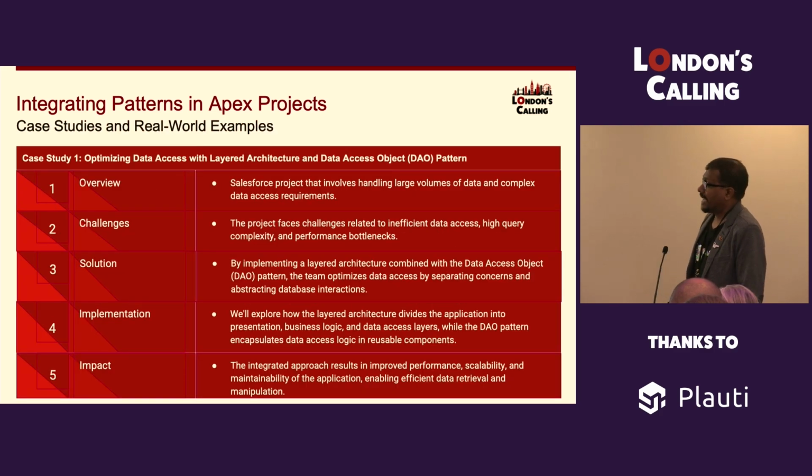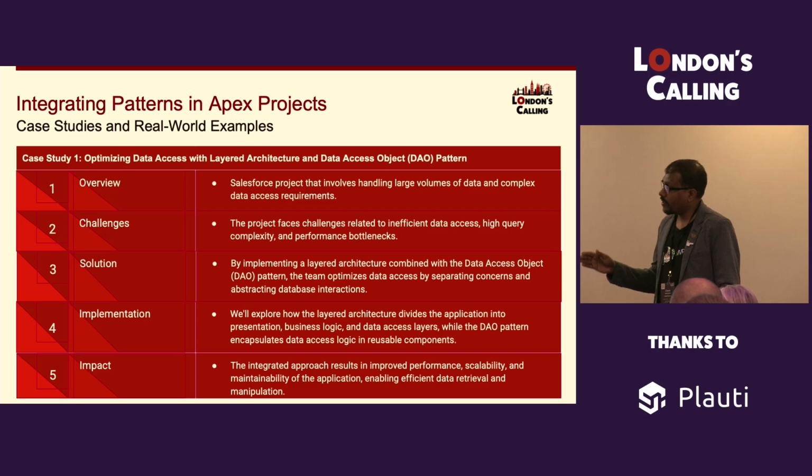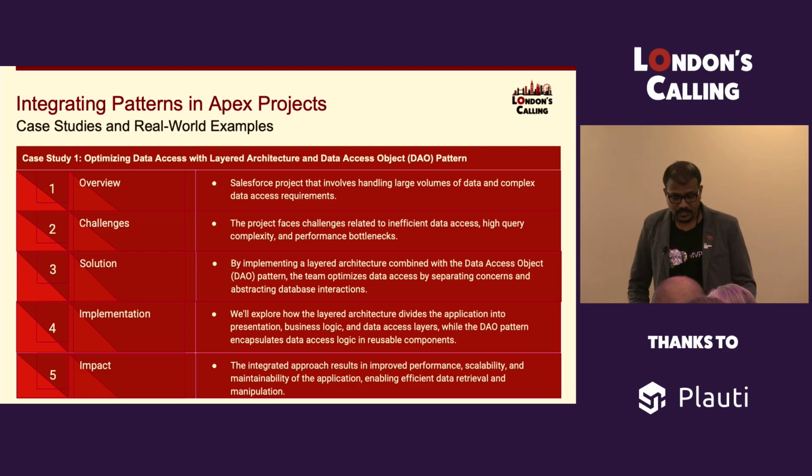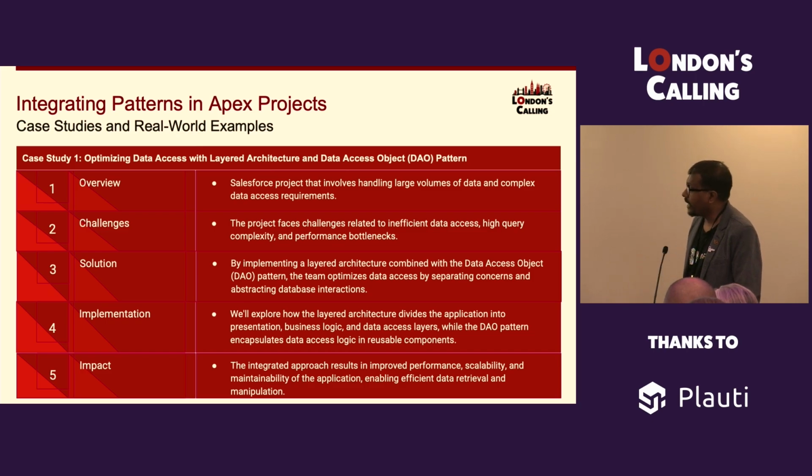Right. As the last step, I have two case studies and one real world example to explain and discuss integrating patterns. The first case study is optimizing data access with layered architecture and the data access object pattern.